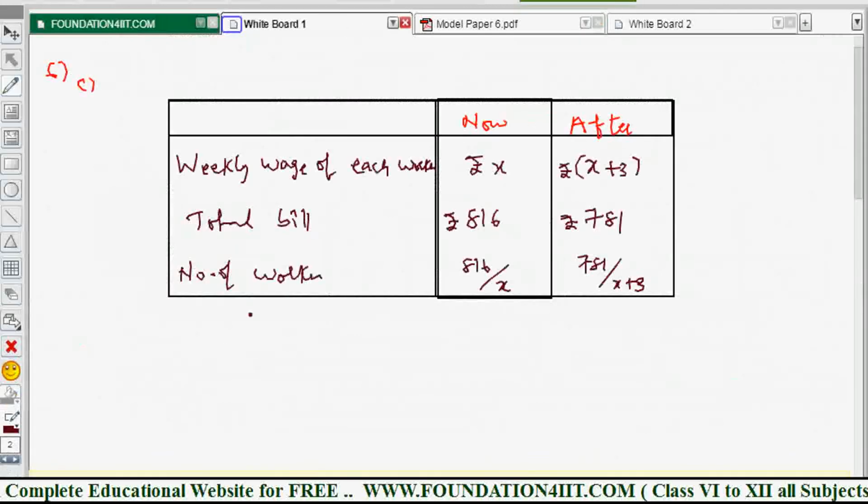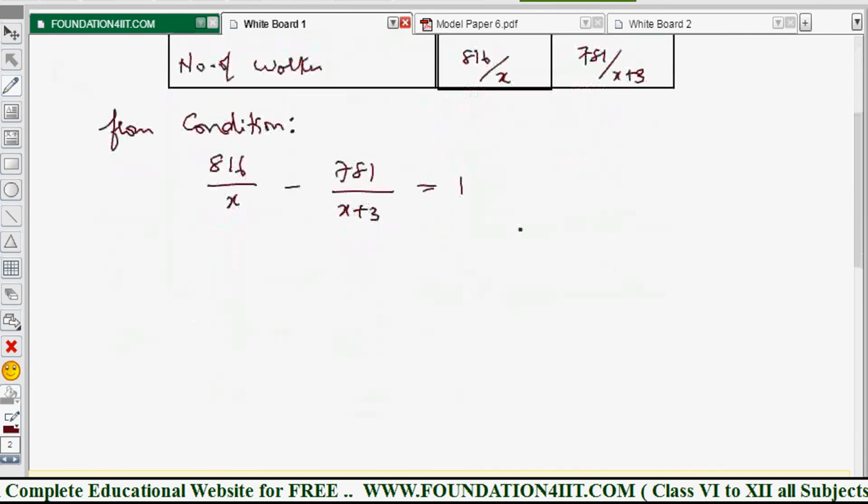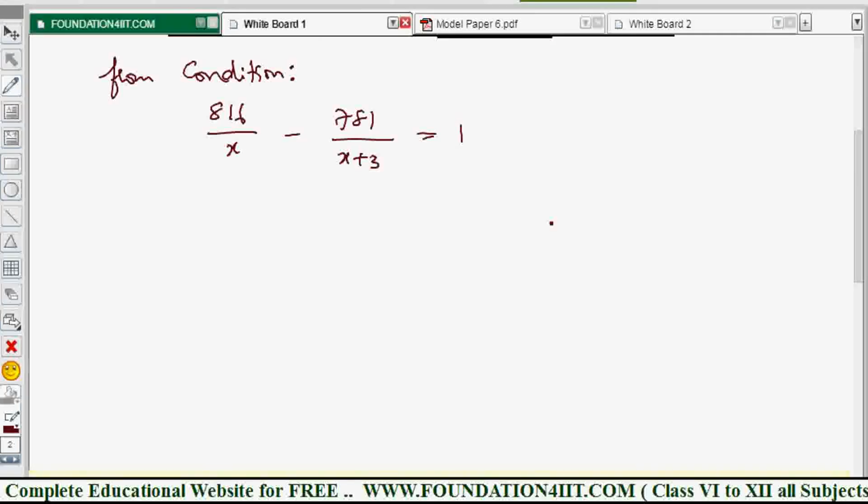So according to this, 816 by x minus 781 by x plus 3, this difference should be equal to 1. This is from the condition which is given. Now if we solve this equation, we will get the value of x.